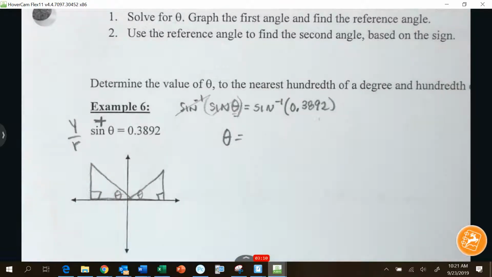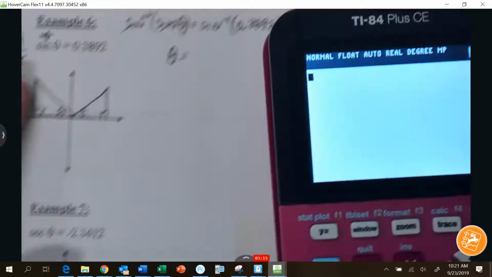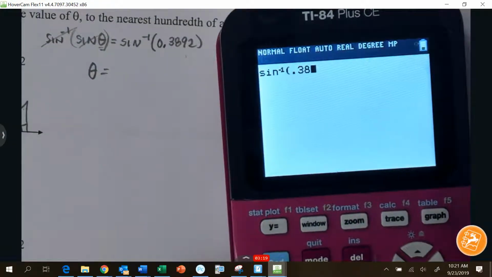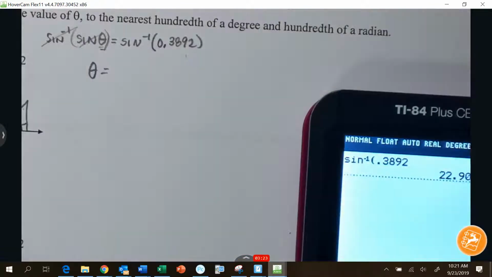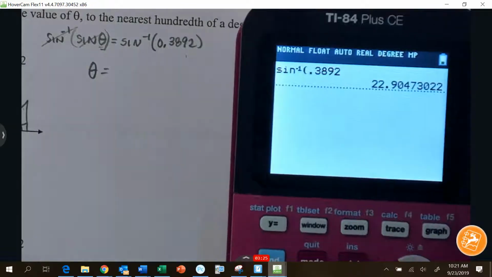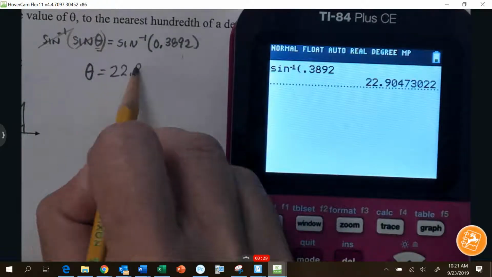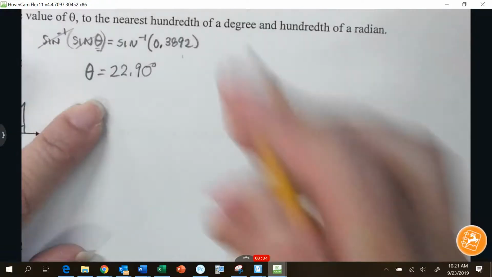So I have mine in degree mode, and I'm going to type in second sine 0.3892. And I get, to the nearest hundredth of a degree, 22.90. This is the reference angle.